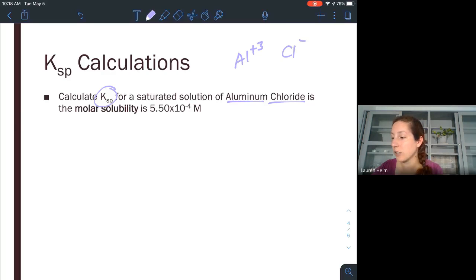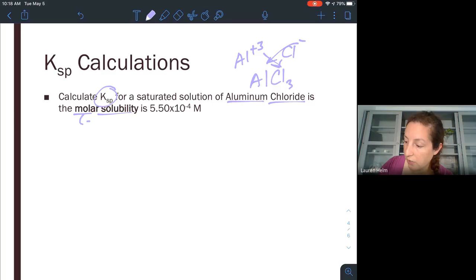We can use crisscross to come up with the formula. This is AlCl3, so we use crisscross to get our subscripts. And our molar solubility, that's our change, is 5.5 times 10 to the -4th molar.